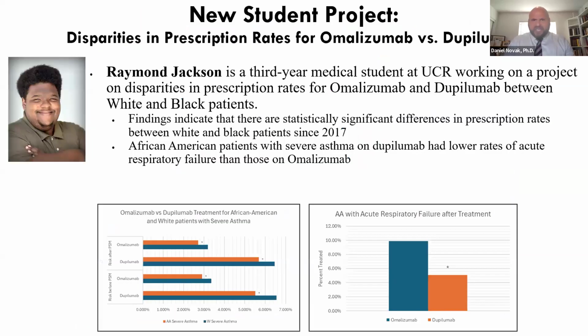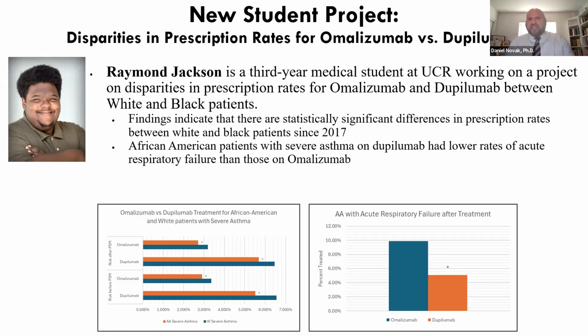Profoundly understudied, I think. And one I'm particularly proud of is from a student who worked with some folks at St. Bernardine's here, looking at racial disparities in prescriptions of omalizumab and dupilumab, where dupilumab is a newer generation drug. He found somewhere in a study he was reading that they noticed that Black patients weren't being prescribed this new drug as frequently as white patients. And he built a whole study based on that, looking at, number one, is dupilumab better than omalizumab, which is what's reported in the research? The answer is yes. We were able to confirm that in TriNetX just as much as it is in the existing prospective analysis.